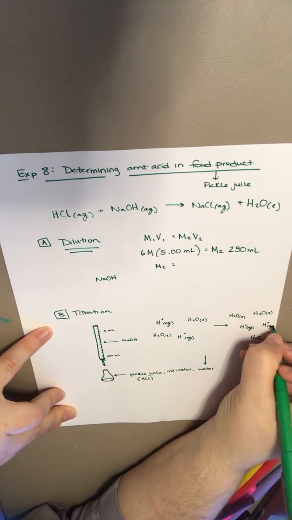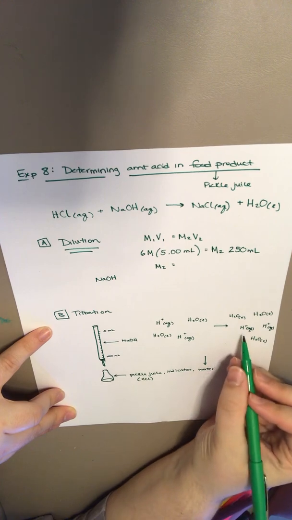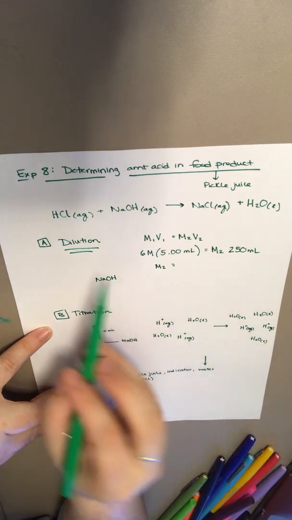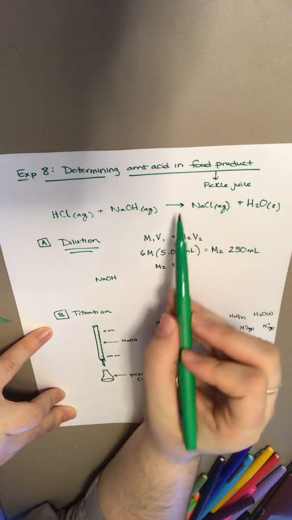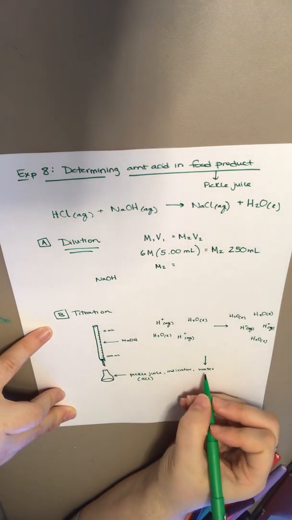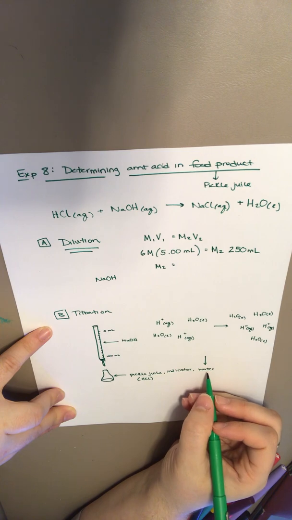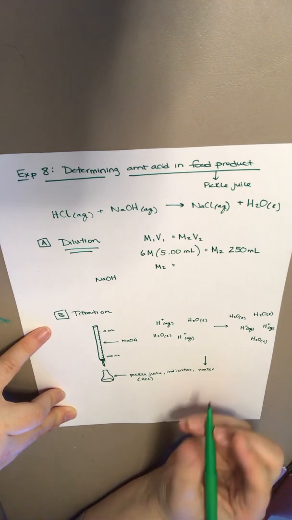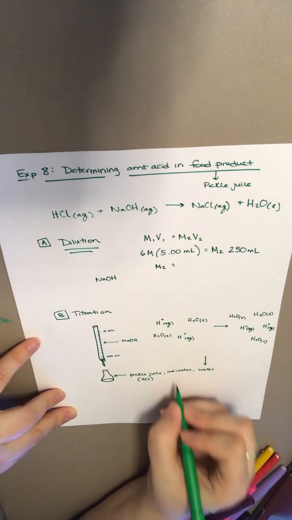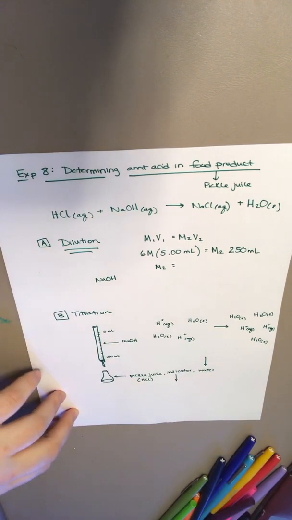So even though we're diluting it more, it's still going to take the same amount of NaOH solution to fully neutralize that solution. So it does not matter how much water we put in. For this particular experiment, it just makes it a little easier to see if we have a little more volume.